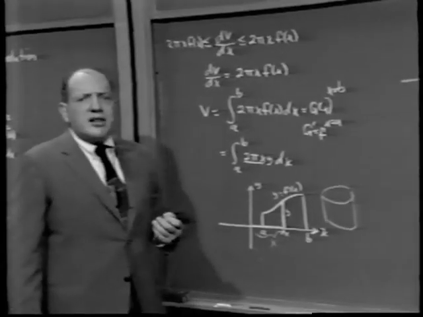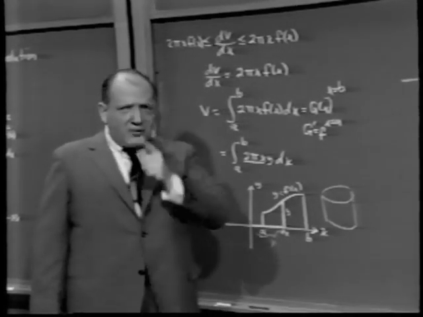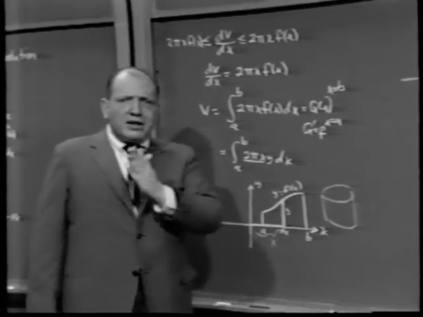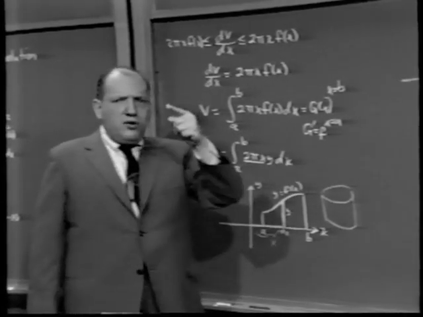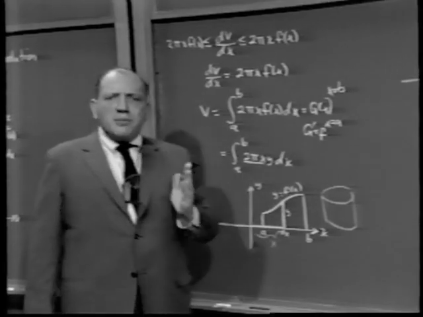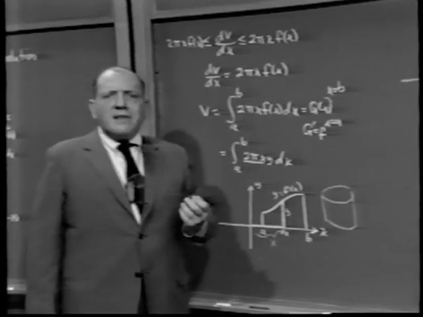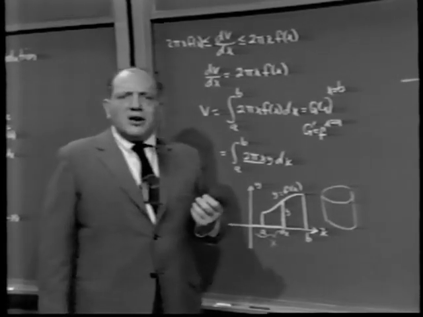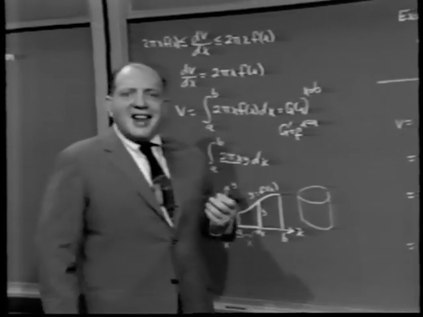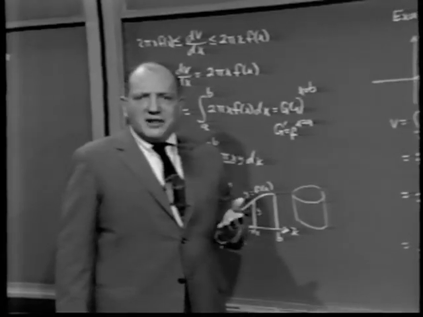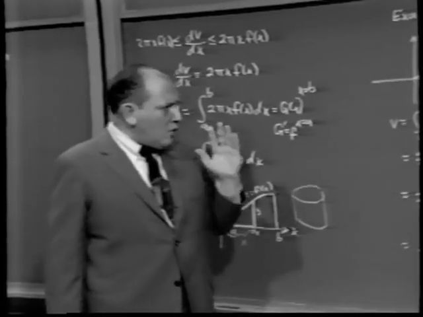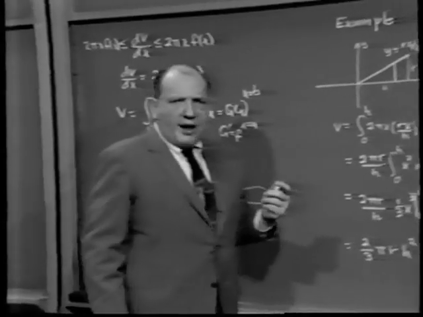Essentially, one uses cylindrical shells when we think of a generating element being parallel to the axis of rotation. We use revolution when it's perpendicular to the axis of rotation. Which of the two is easier depends on the particular computational technique necessitated by the relationship between the variables in the problem. Well, at any rate, let's do a couple of examples.